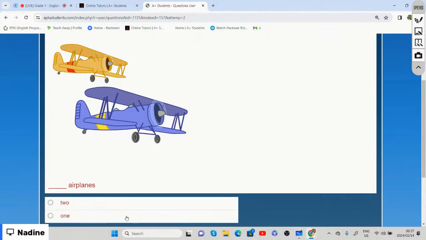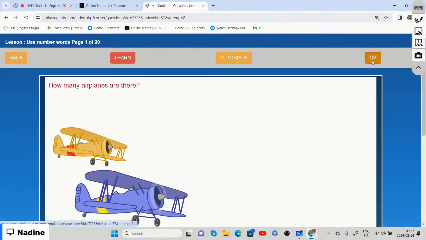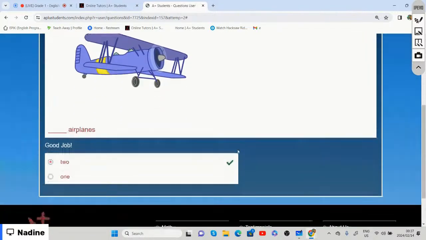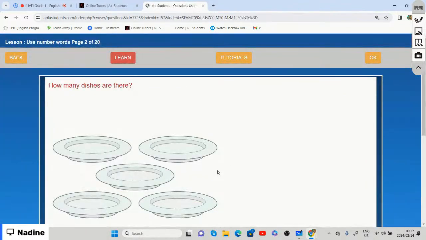How many airplanes do we have? Two or one? Because now we are by the adjectives that tell us how many, right? So they will tell us either how many people, places, things, or animals. So we can say there are two airplanes, right? So two airplanes. And that is correct, because all we do is we count, right?